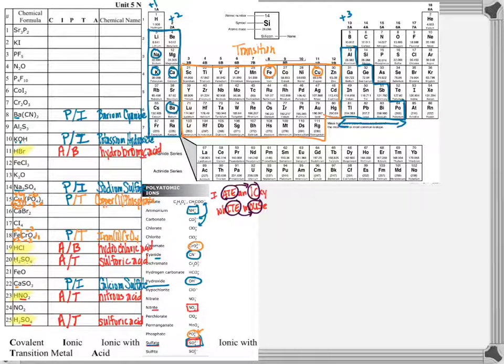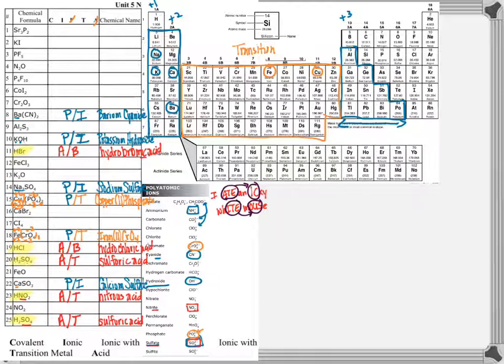Alright, so then next I like to look at my other compounds, and they should all have only 2 elements in them. So now we have to differentiate between covalent, ionic, or if it involves a transition metal, because we already got all of our polyatomics, we already got all of our acids, but we still haven't identified those binary compounds.